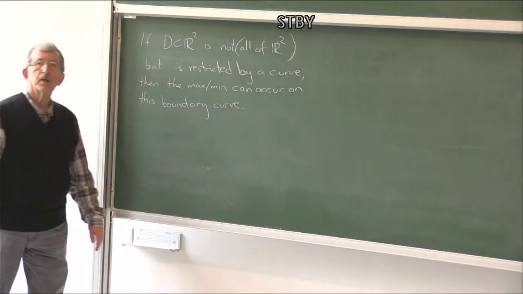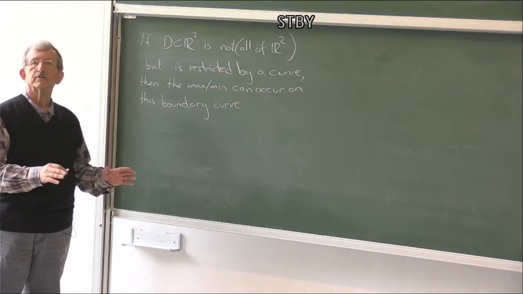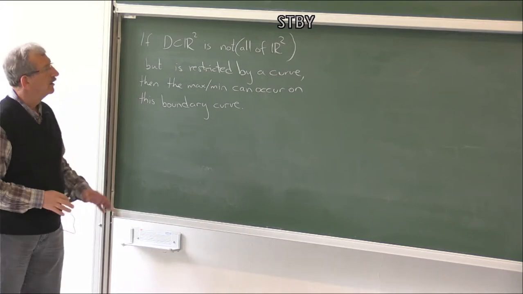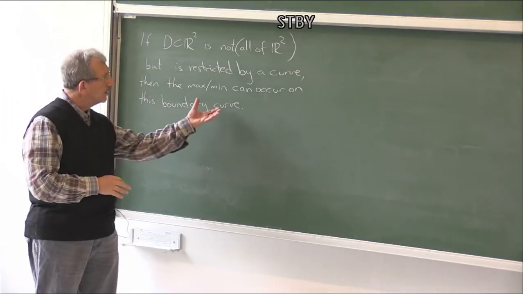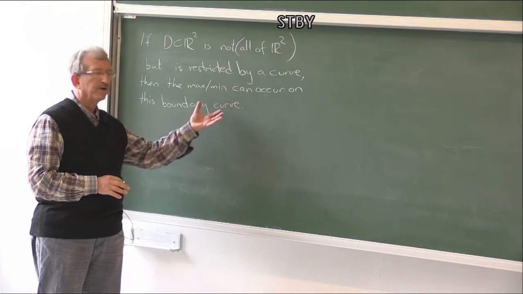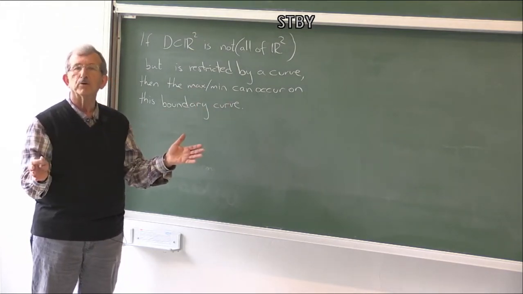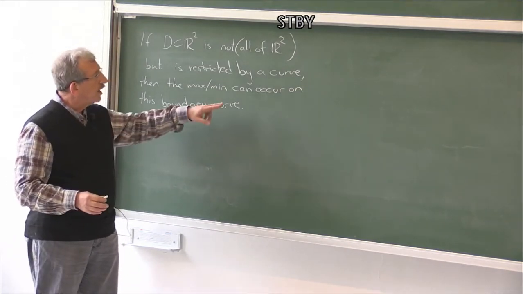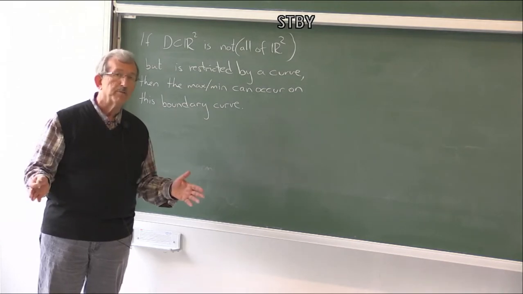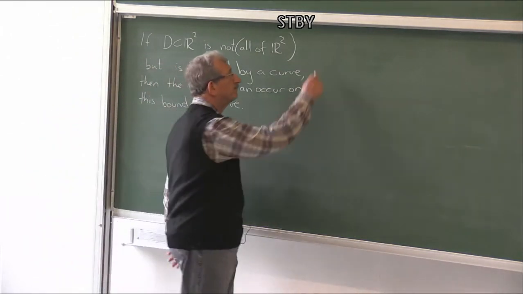Now here start the difficulties. Namely, for a function of one variable, the boundary of an interval is just the points A and B at the endpoints. So you check them very easily. But here, the boundary curve has infinitely many points. So it is a little bit more difficult.